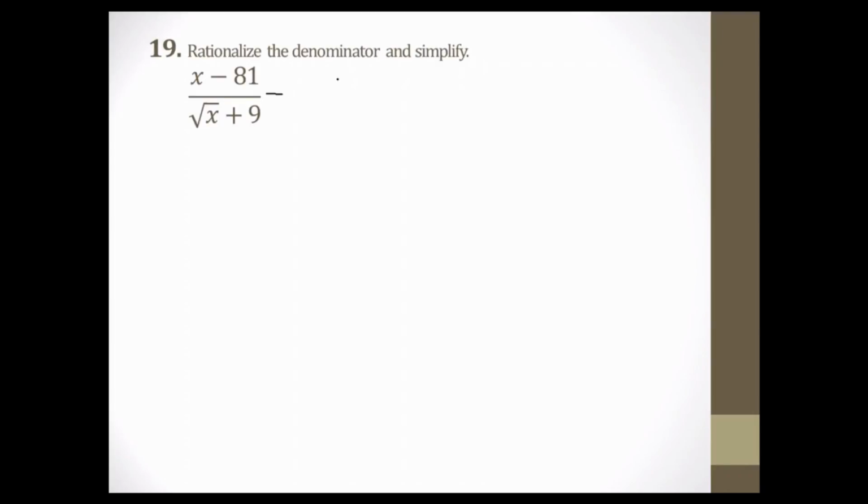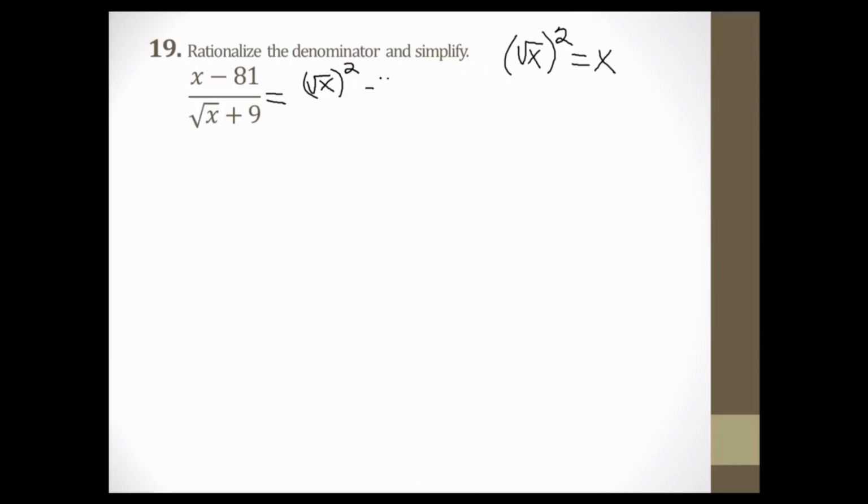If I have the square root of x and I square that, that will give me just x. And that's what I have here, x. So I can rewrite x as the square root of x squared, because that's going to help me eventually cancel out some factors in the top and the bottom.